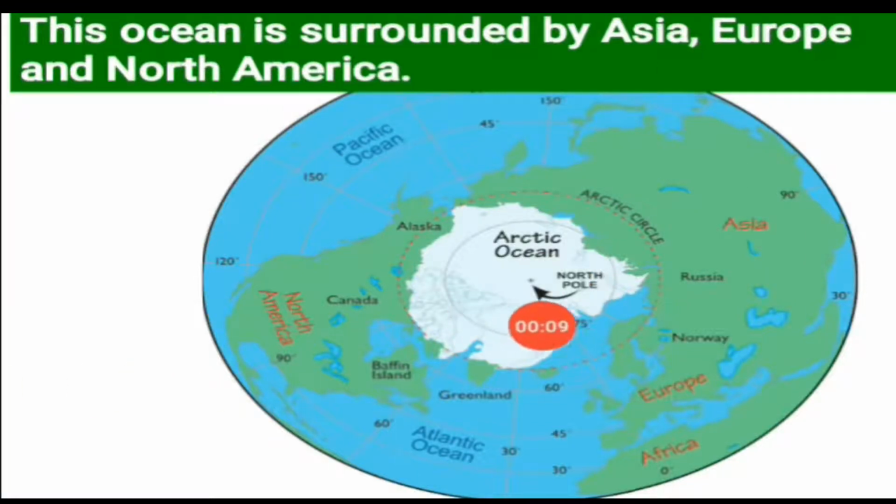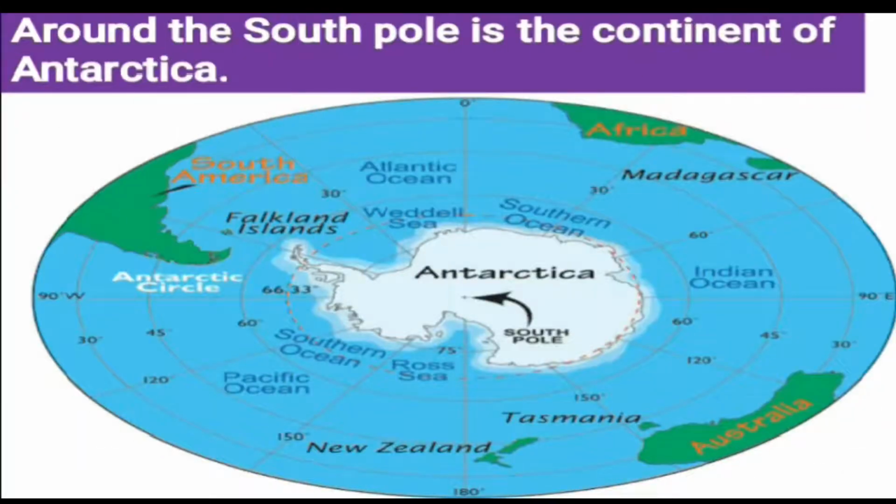This ocean is surrounded by Asia, Europe and North America. Here we have the South Pole, and the South Pole is located inside the continent of Antarctica.